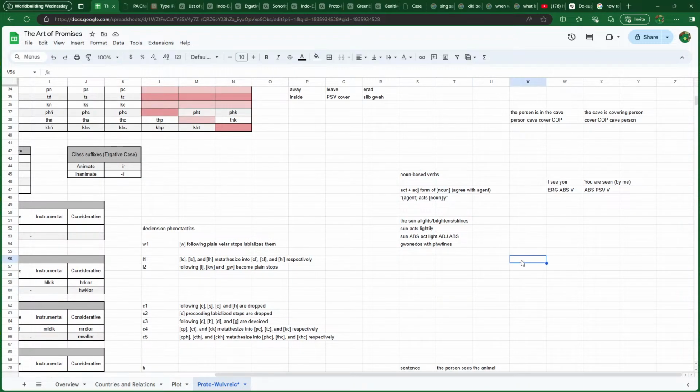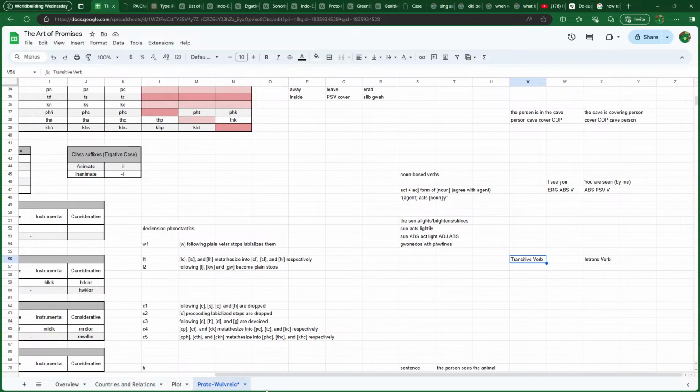So we can turn a transitive verb into an intransitive verb. A transitive is a verb that can take an object, like I hurt you, right?